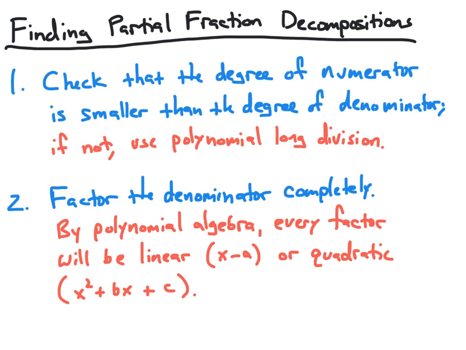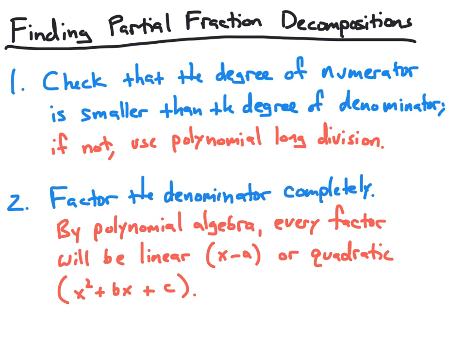If we have a factor that has a higher degree than 1 or 2, like linear or quadratic factors, then that means we can still factor it more. So every factor will always have a degree 1 or a degree 2, and so will be linear or quadratic, respectively.